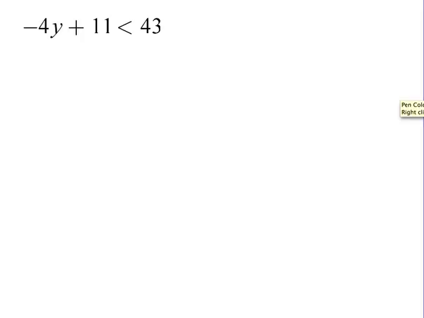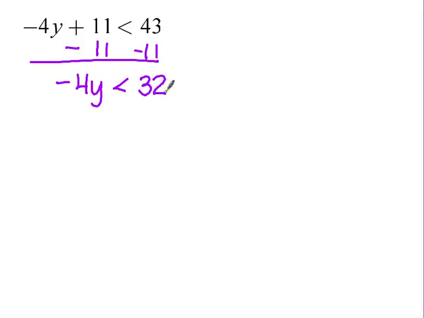Let's look at another one. What is the first thing you do? Subtract 11. So I get negative 4y to be less than 32. What do you do now? Yep. So that leaves me with y is, yep.